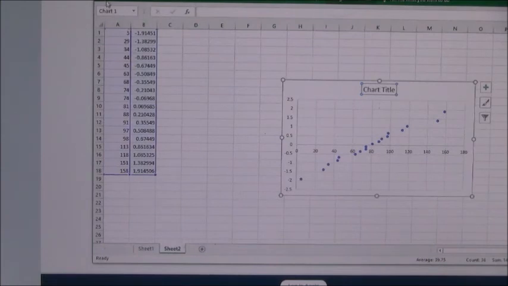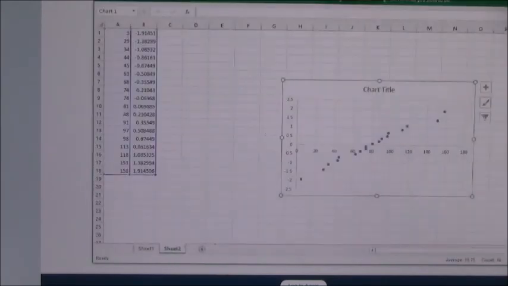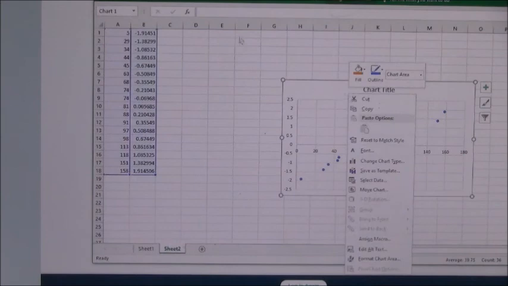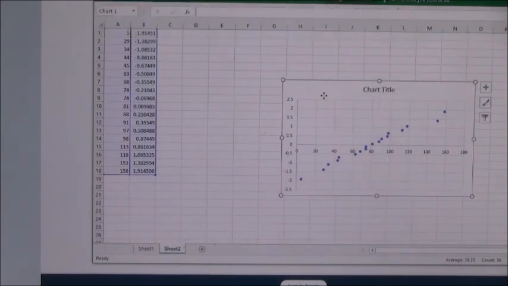So again, if I double click on here, I was trying to find the one that gave me different format here. Go to insert. Left click.